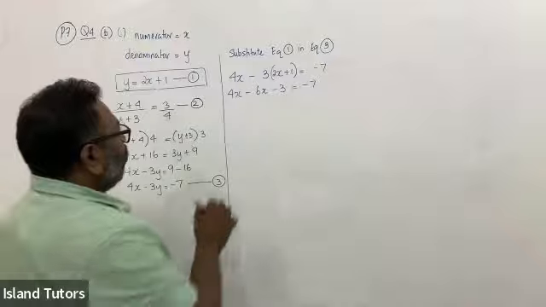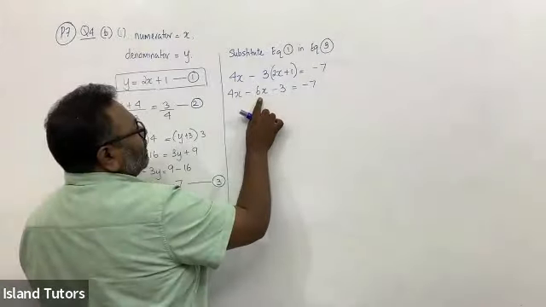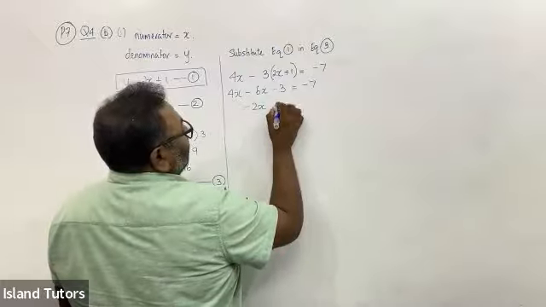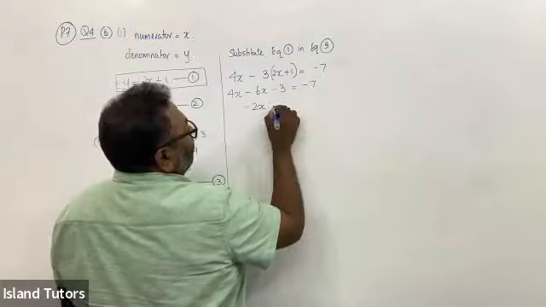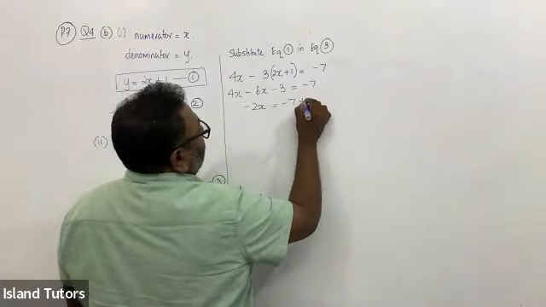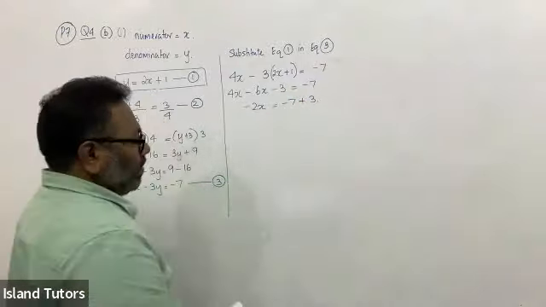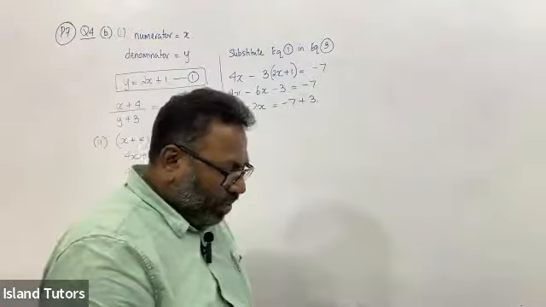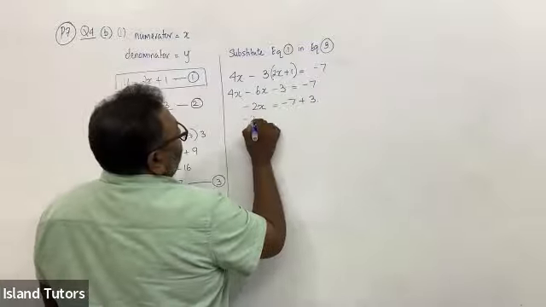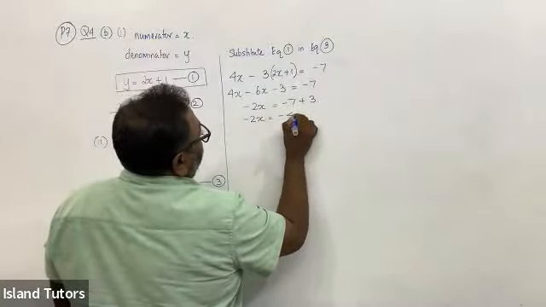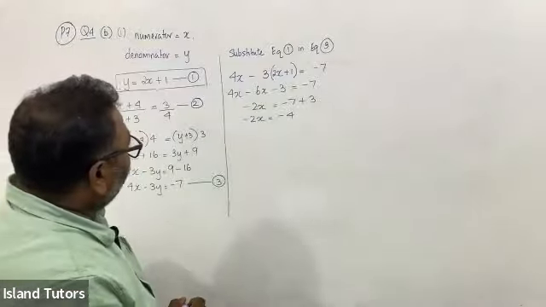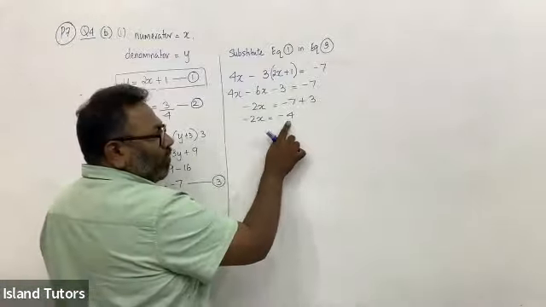Okay? So 4x minus 6x is minus 2x minus 3. If you take it to this side, you will get minus 7 plus 3. So how much is that? Minus 2x is equal to minus 4.